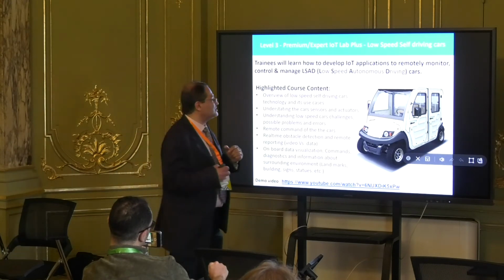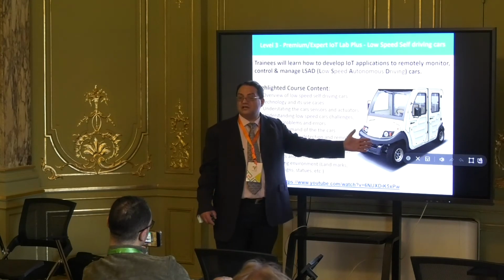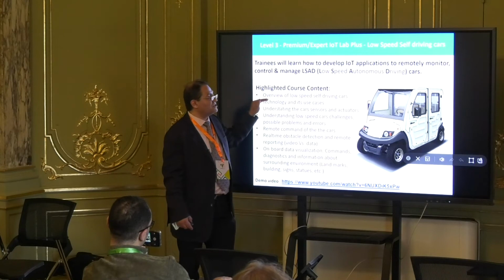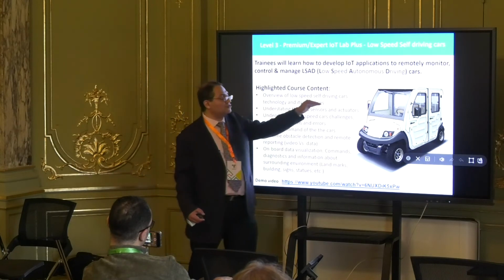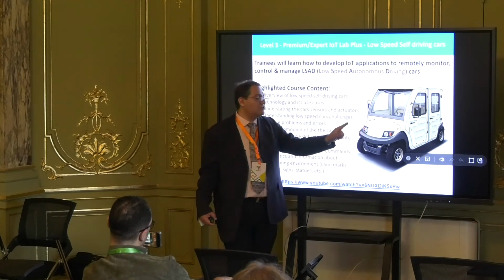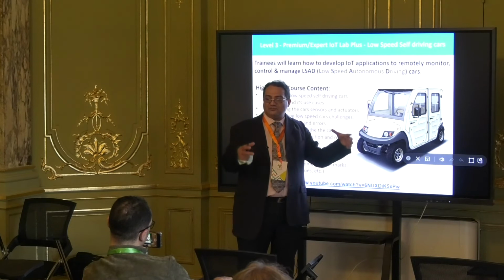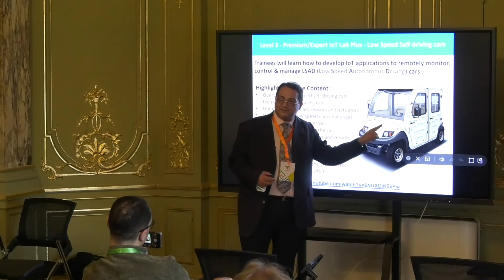So here we teach the students about the type of sensors and actuators that are inside the self-driving cars. We give them information about the technology used inside the self-driving, how to monitor the status of the car itself through an onboard device. So we have here an Android tablet that provides you with information about the status of the car.